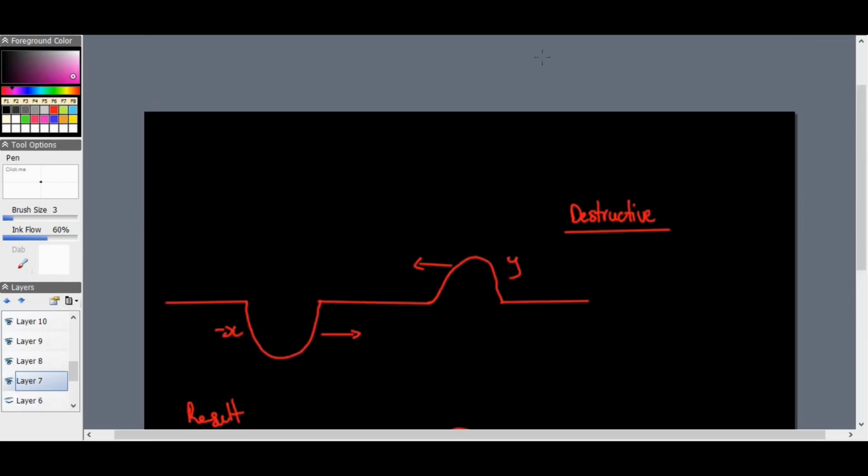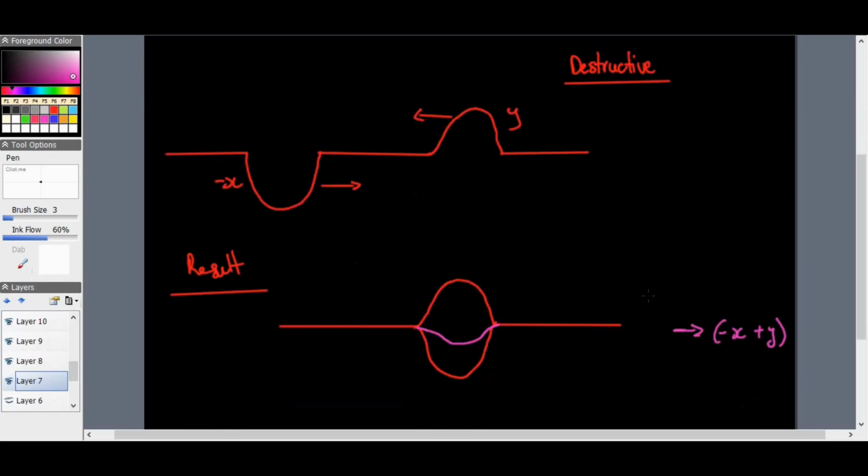What we've got here is destructive interference. We see we've got X and Y, or negative X because it's at the bottom, going in opposite directions. This one is at the bottom, different to Y, which is on top, and they're going to meet in the middle. So you get Y, and this is still negative X. This purple legend I've created, I didn't want to leave it without the arrow, because it would look like a minus outside of a bracket.